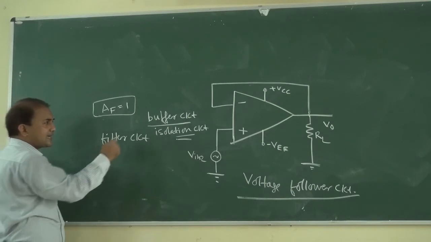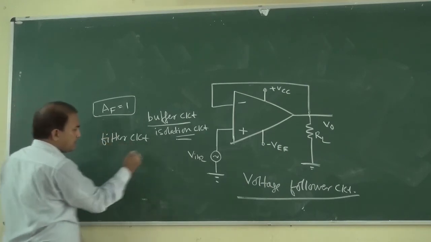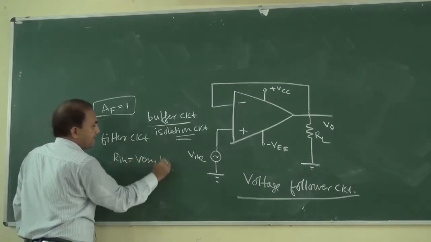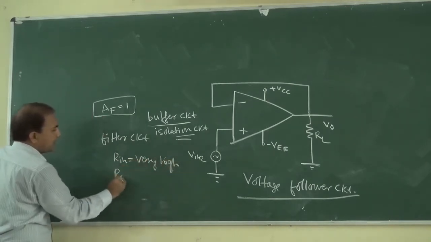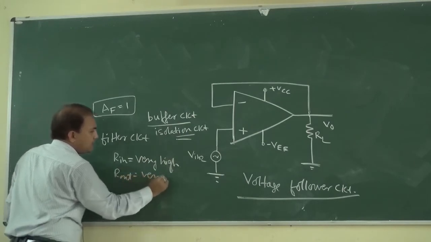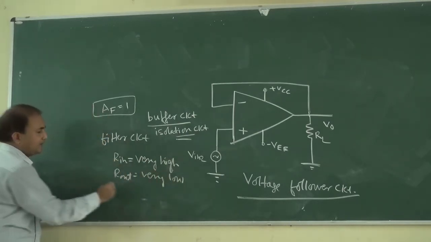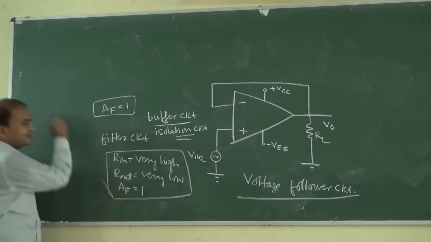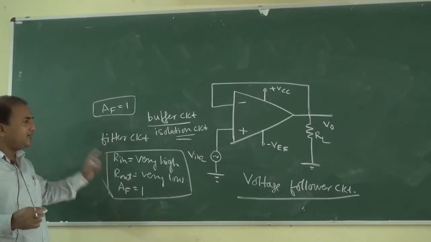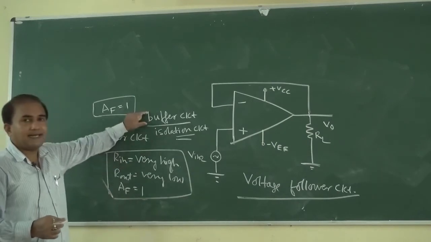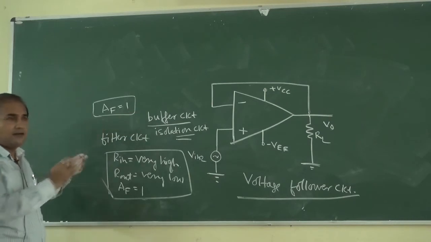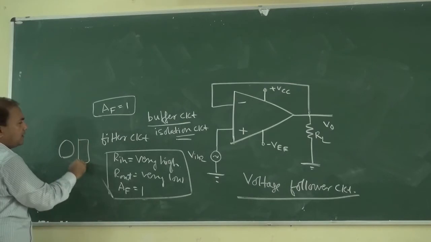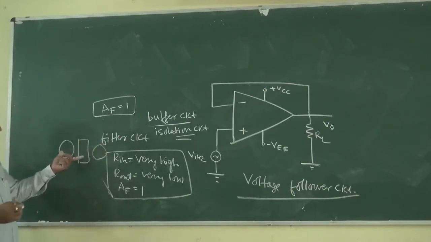Why is it known as an isolator circuit or buffer circuit? Because Rin is very high, Rout is very low, and AF is equal to 1. Because of this reason it behaves as a buffer circuit or isolator circuit, for when some portions of the circuit we want to isolate from another circuit.